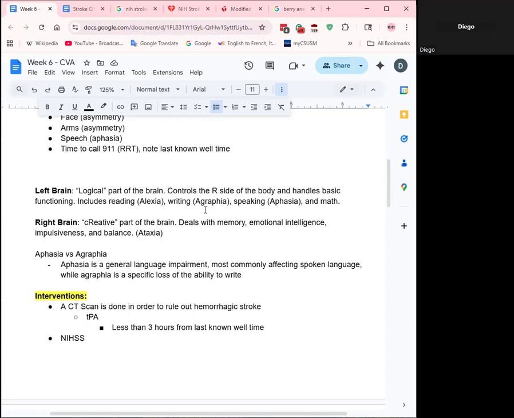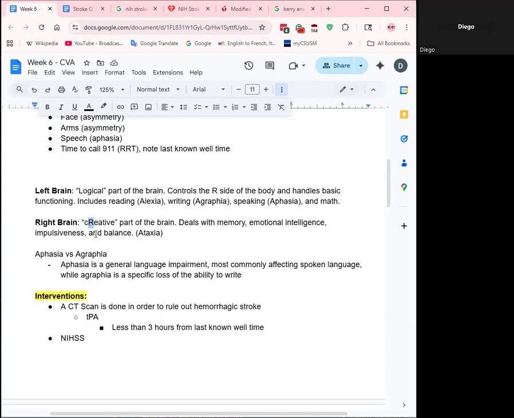The right side of the brain, I think of the R as the R in creative. It deals with a lot of the higher level functions, such as memory, emotional and impulsive regulation, and balance.